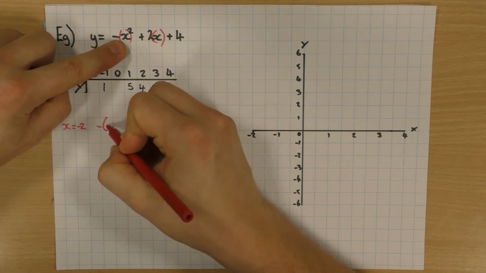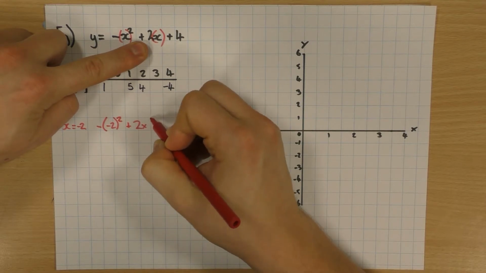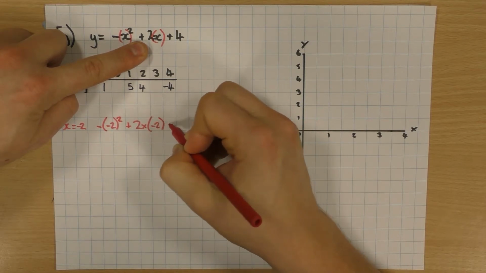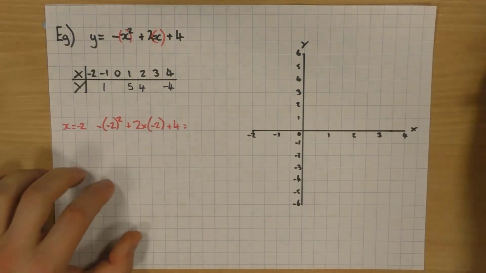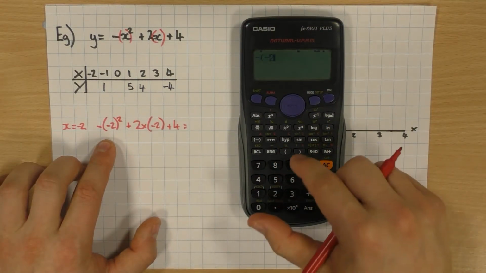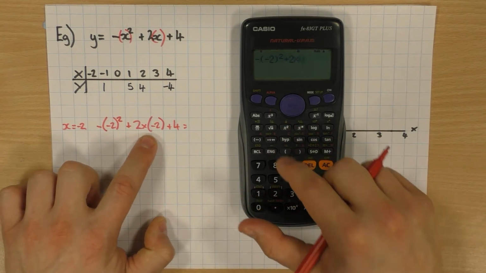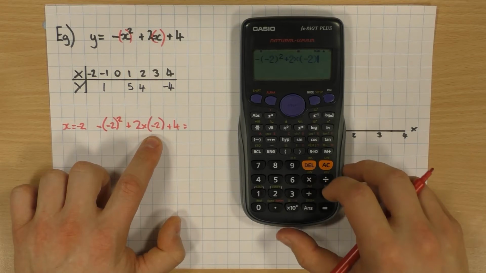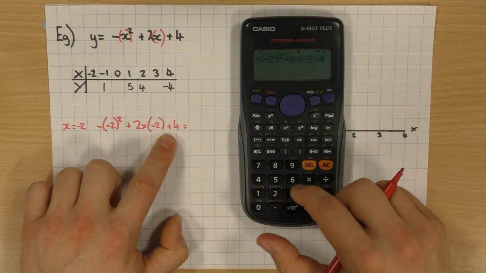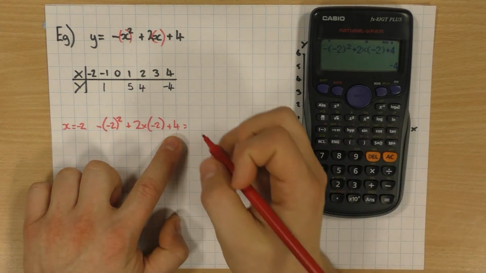So minus, then bracket, minus 2 squared, plus 2 times, in bracket, minus 2, then plus 4. Let's see what comes out. Okay, put that all in, and we get minus 4.